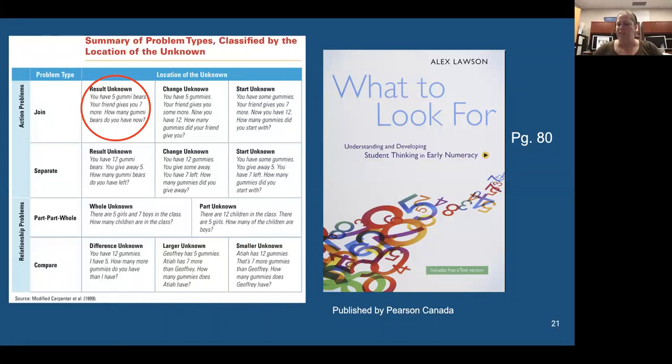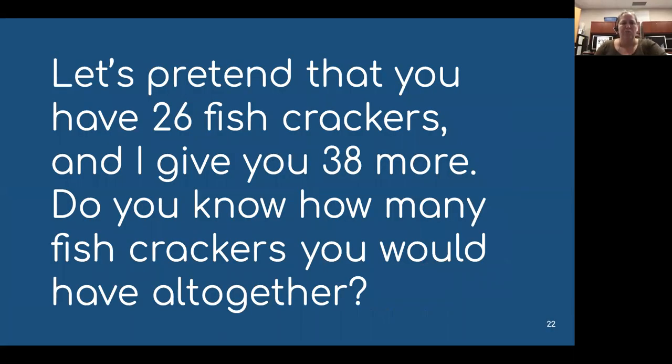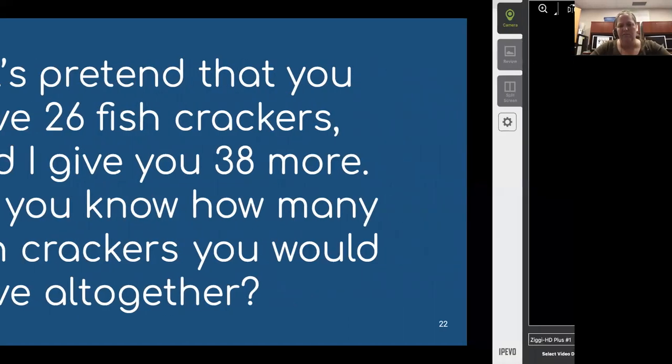So I want to take a quick look at what that might look like with a double digit version of the one we were just looking at. So let's pretend you have 26 fish crackers and I give you 38 more. Do you know how many fish crackers you would have altogether?